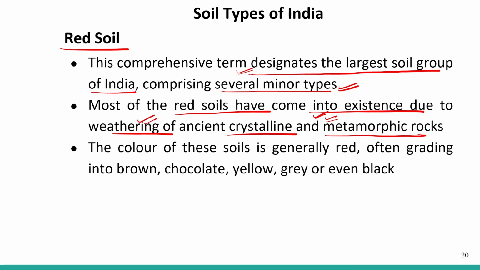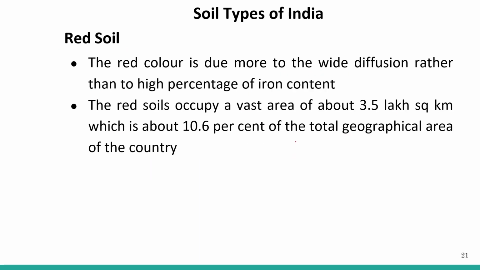The color of the soil is generally red, often grading to brown, chocolate, yellow, gray or even sometimes black. Okay, so basically they are red, but you can see some other shades like dark brown, chocolate, yellow, gray or even sometimes black. The red color is due to the wide diffusion rather than to a high percentage of iron content.